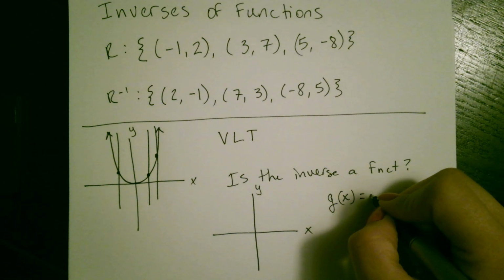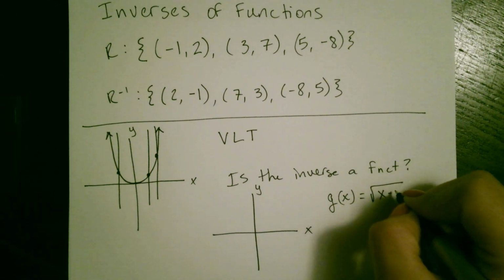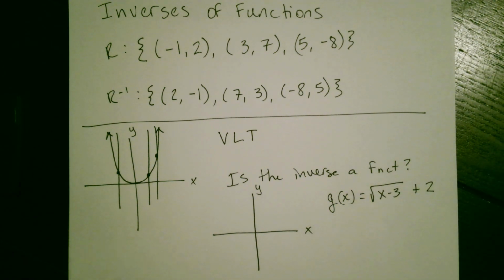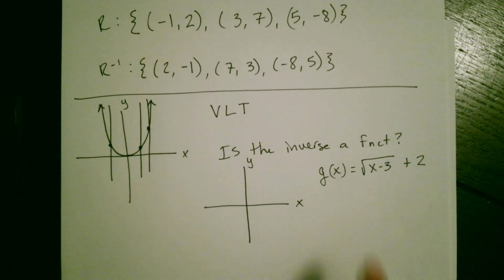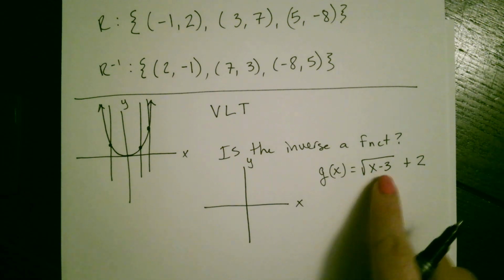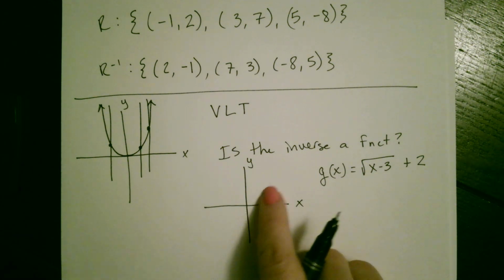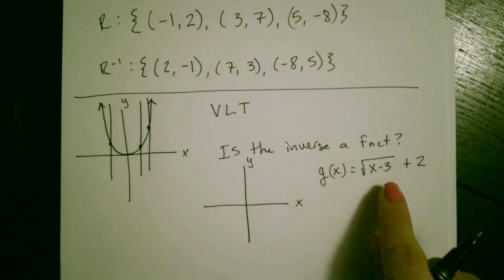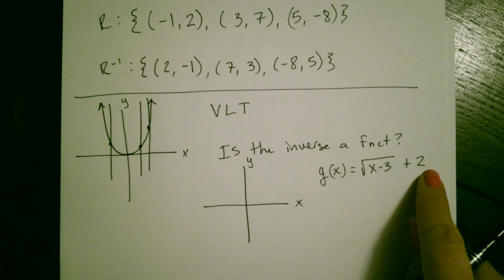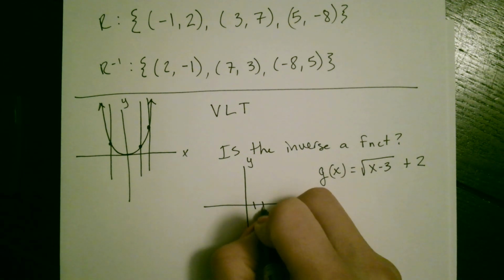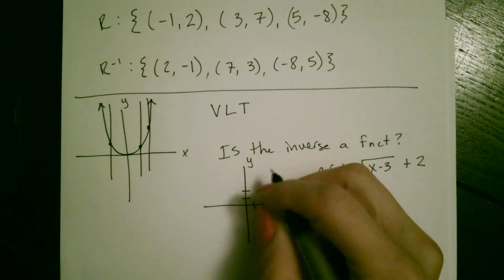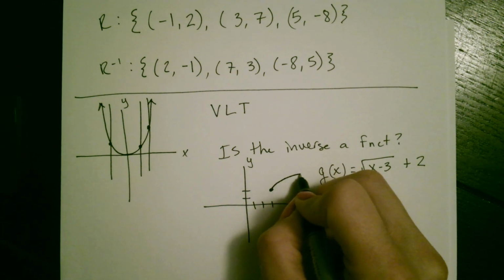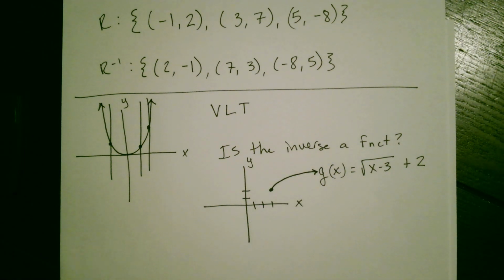So let's say g of x is equal to the square root of x minus 3 plus 2. If you recall our transformations, how do I graph this? I know it's the square root function, so the parent function starts at the origin and goes off to the right. These transformations are to the right 3 and up 2. So there we go, something to that effect.